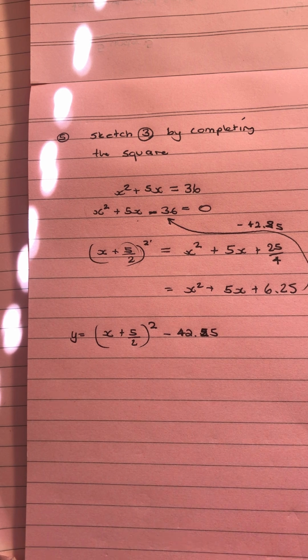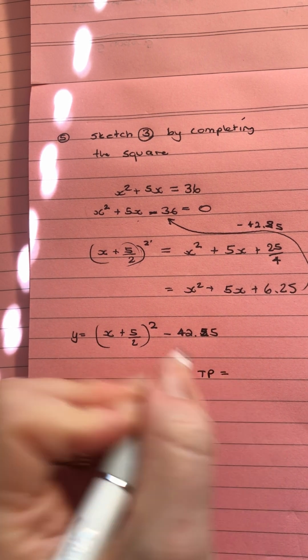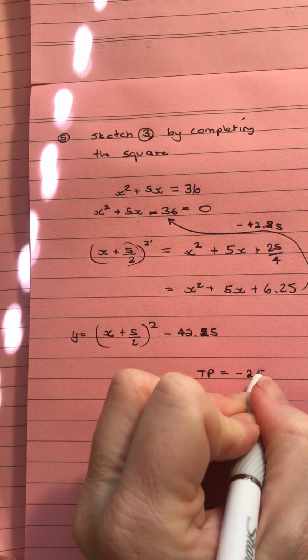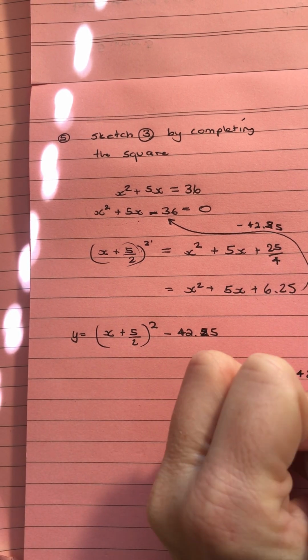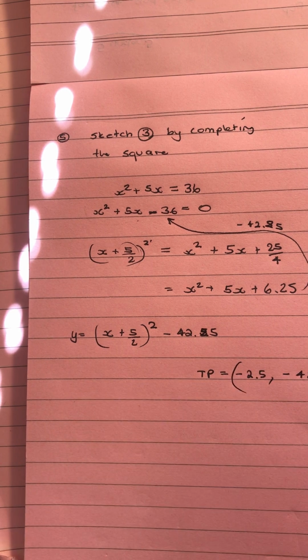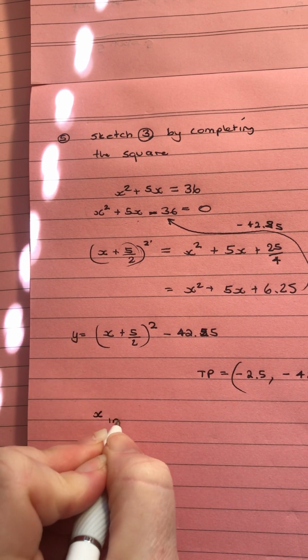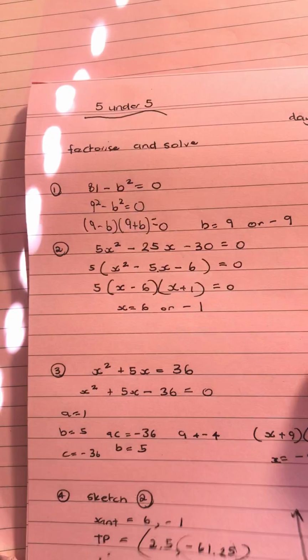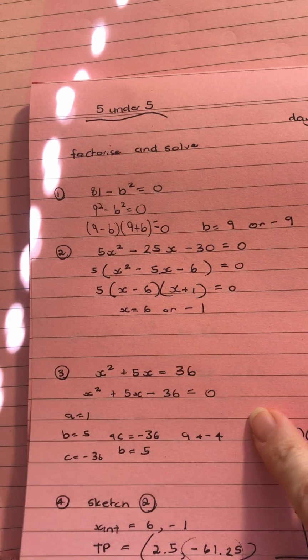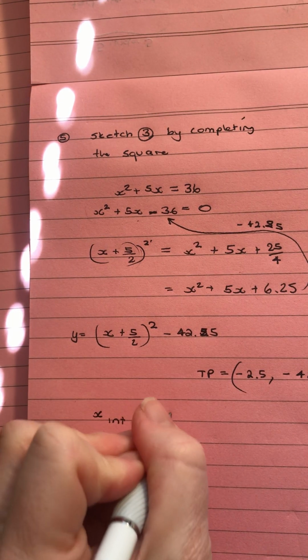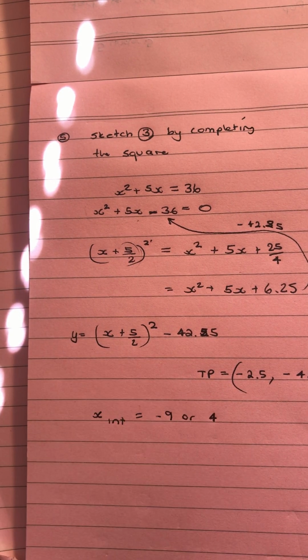That means that our turning point is going to be at that 5 on 2, well, negative 5 on 2, which would be negative 2.5, negative 42.25. That's our turning point. We already got our x-intercepts when we solved it back on the first page. So when we solved it, we got negative 9 or positive 4 as our x-intercepts.